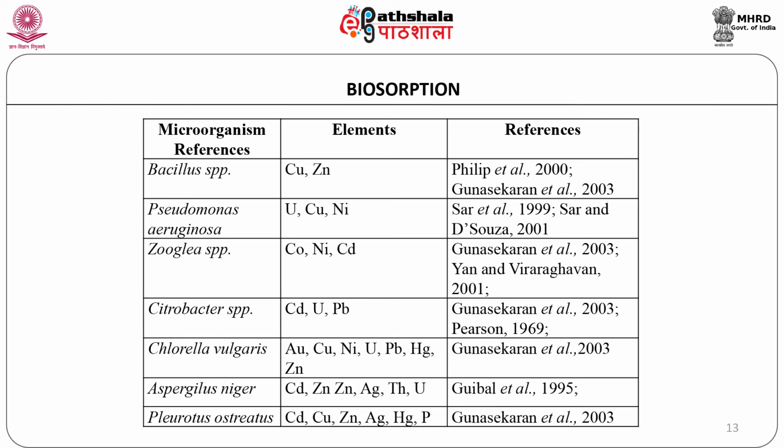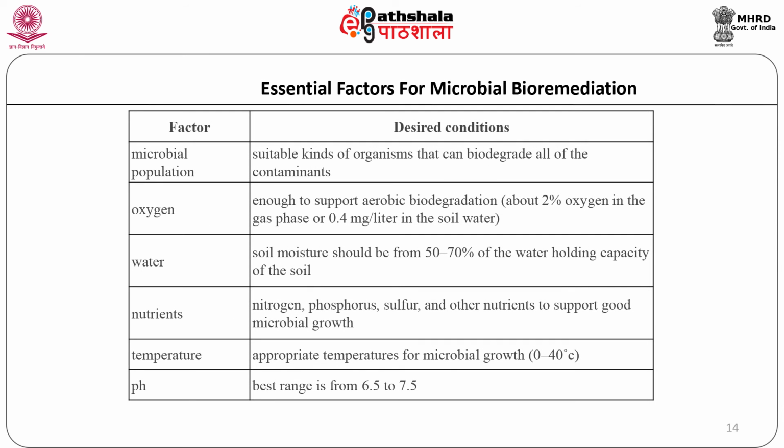The essential factors for microbial bioremediation are microbial population. The desired conditions are suitable kinds of organisms that can biodegrade all the contaminants. Then oxygen, enough oxygen should be there to support aerobic biodegradation.